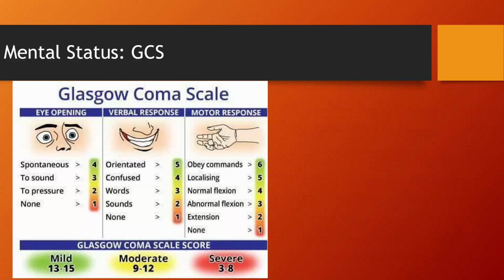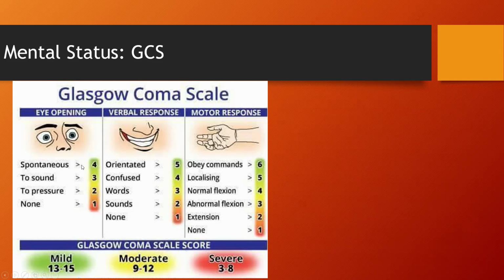Keep in mind that the GCS, we document the Glasgow Coma Scale inside the vital section every time we do a set of vitals. This correlates a little bit to the mental status, but it delves a little bit deeper. The first one is the most common, which is essentially what we just spoke about: spontaneous eye-opening, which is are they alert.